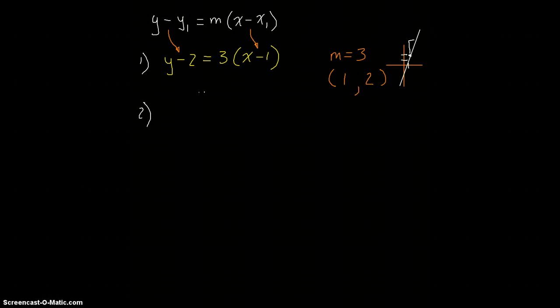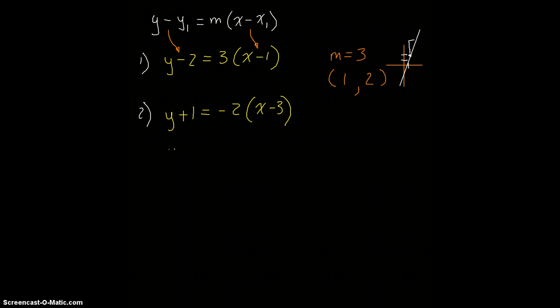Let's try another one. y plus 1 is equal to minus 2 times x minus 3. Now I don't have the negative sign in front of y. Right, so the y-coordinate of the point is not 1, it's something else.